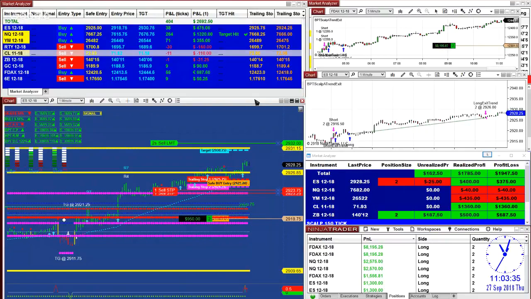Also, we had a signal on the Russell, and I was surprised why it was short the Russell when the ES and Nasdaq and Dow Jones are long, but that short signal on the Russell didn't work, and the CL we're still struggling on that trade. Why?